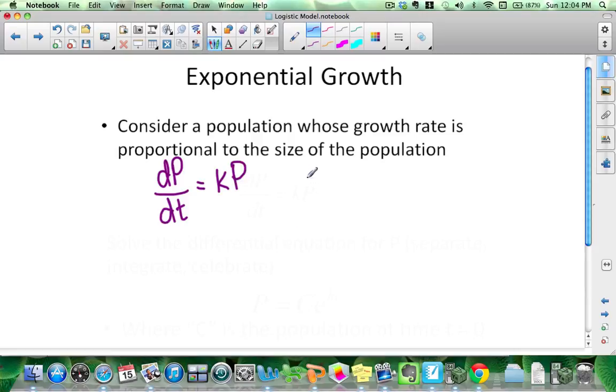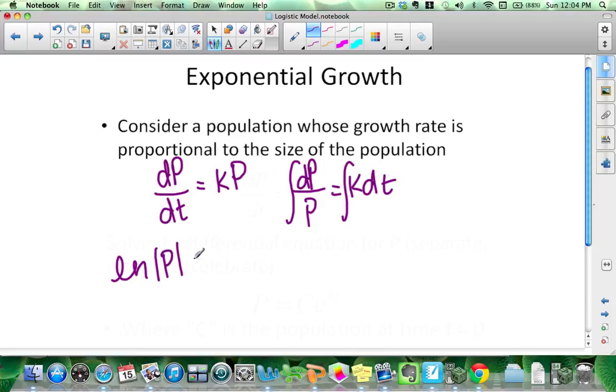This is a differential equation that I can solve. dP over P is equal to K times dt. And I can integrate both sides. I get the natural log of the absolute value of P is equal to K times T, plus C, which if I e to the both sides, I end up with P is equal to C e to the KT, and that is an exponential model, okay?